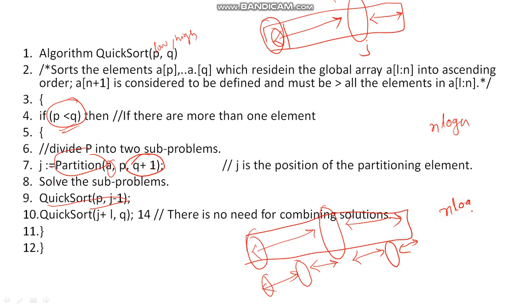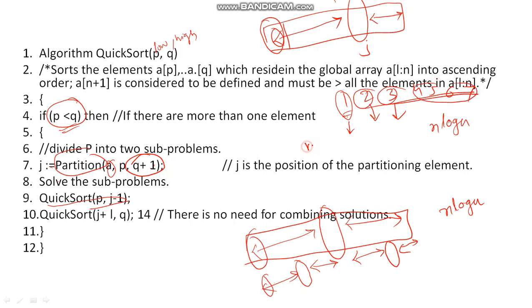But in the worst case, what happens is, let us say the given array is 1 2 3 4 5 6 7, then 1 will be selected as the pivot element, it will be placed here, and along with that n comparisons will be done. 2 will be taken, it will be placed here only, and n minus 1 comparisons will be done. 3 will be taken, it will be placed here only, n minus 2 comparisons will be done.